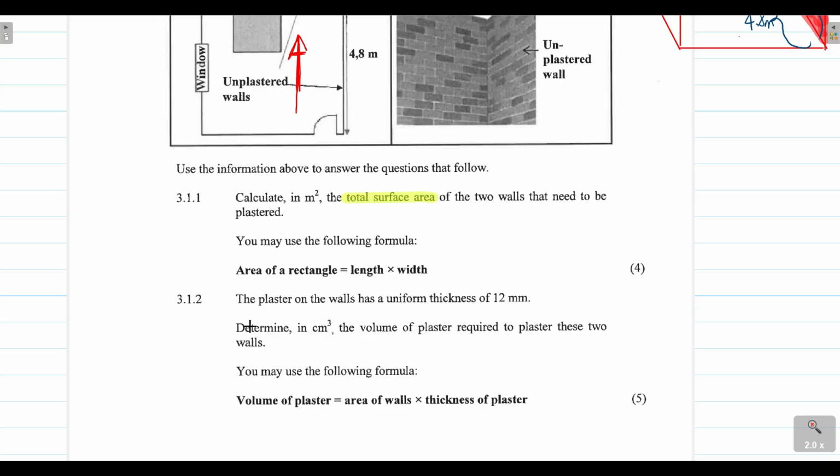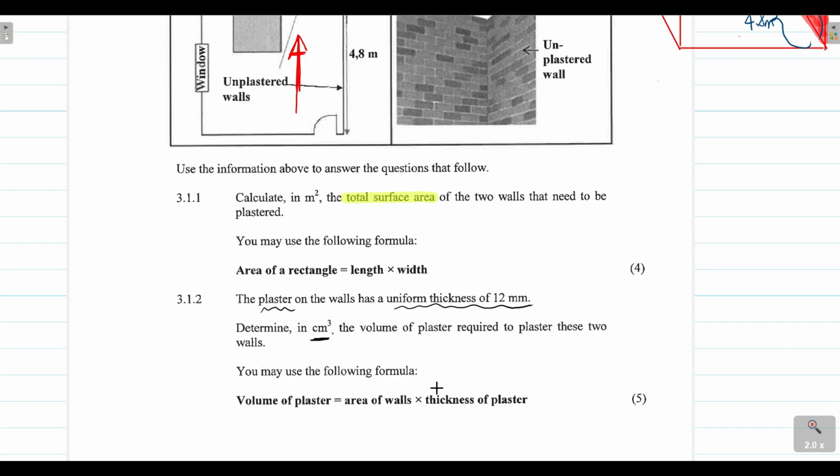Question 3.1.2. It says the plaster on the walls has a uniform thickness. So they're saying that when they plaster these walls, it will have a uniform thickness. The thickness will be the same for both these walls. We want to determine in centimeters cubed the volume of the plaster required to plaster these two walls.